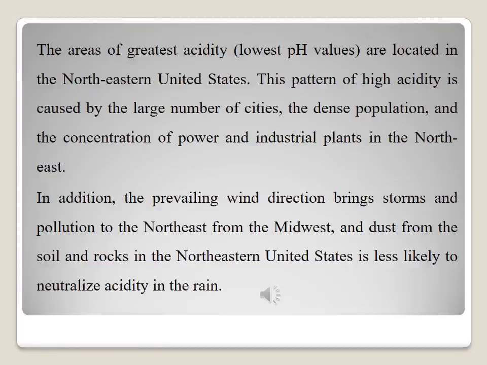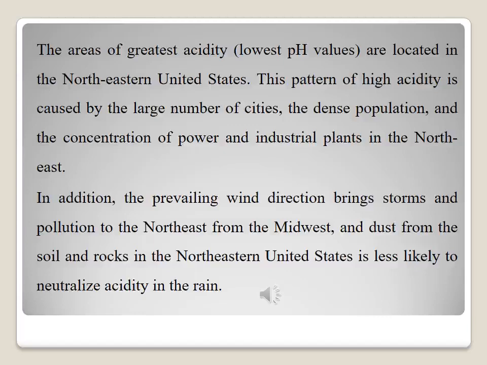The areas of greatest acidity, that means the lower pH values, are located in the northeastern United States. This pattern of high acidity is caused by the large number of cities, the dense population, and the concentration of power and industrial plants in the northeast region of the United States.